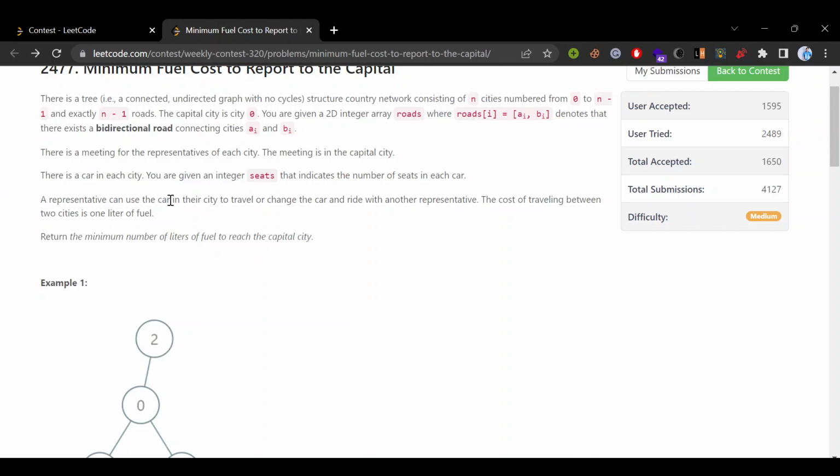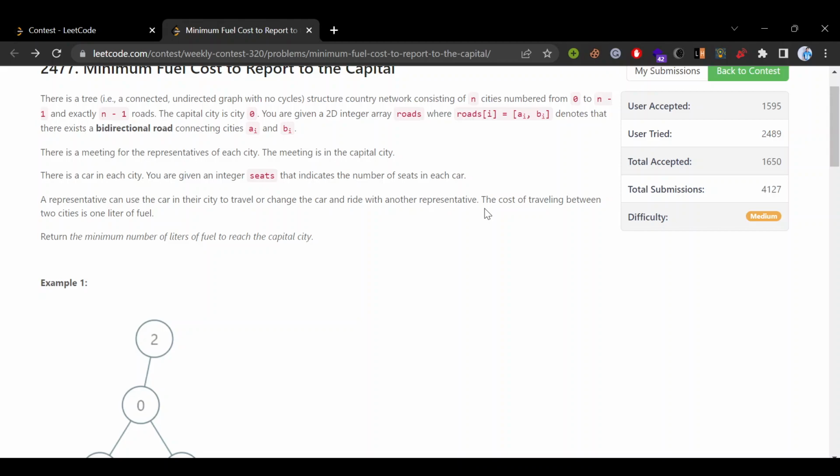A representative can use the car in their city to travel, or change the car and ride with another representative. So for example, you are at city X, and there is a representative coming from city Y. You will meet that representative in your own city. Now you have two options.